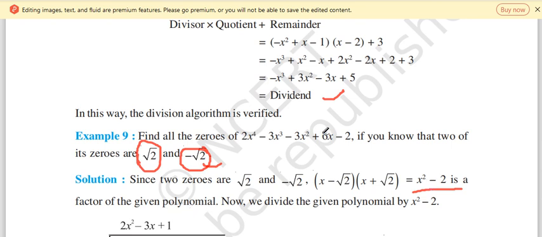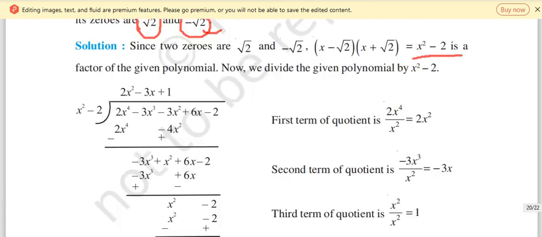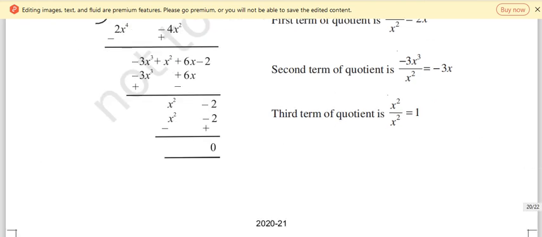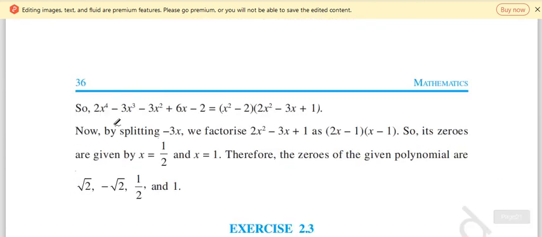Now we divide by x minus 2, and we get the quotient as 2x square minus 3x plus 1. So we write it as x square minus 2 into 2x square minus 3x plus 1.